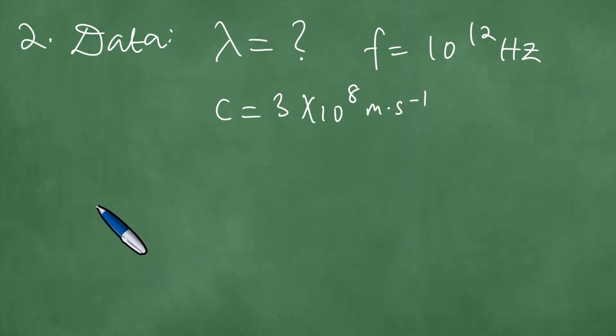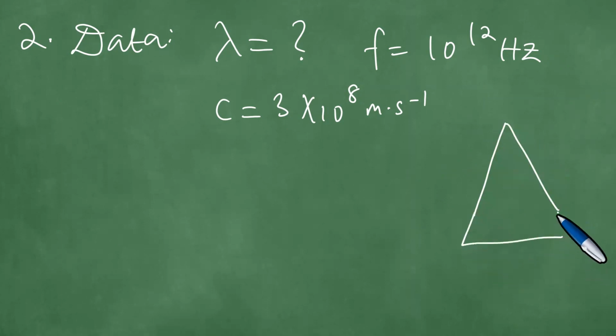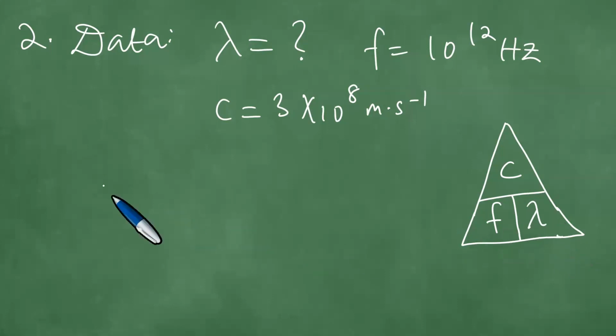All right, so we continue quickly. Do you remember the triangle there, Luyando? Yes. Right, so the triangle is like this, and C is F lambda. So you know that C is F lambda.